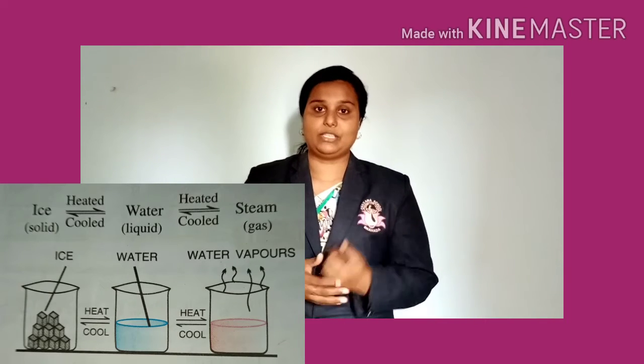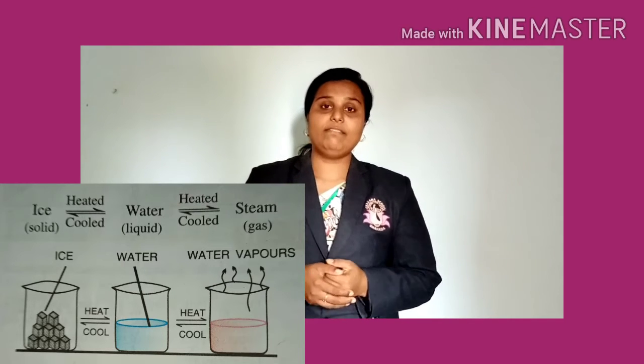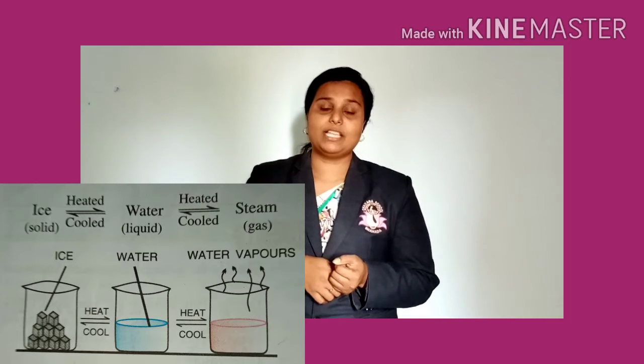The example for that is ice cubes. Ice cubes are in the solid state. When we give heat, the ice cubes easily convert into water. The solid converts into liquid, that is from one state to another.